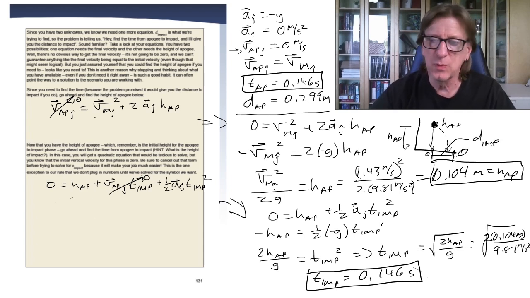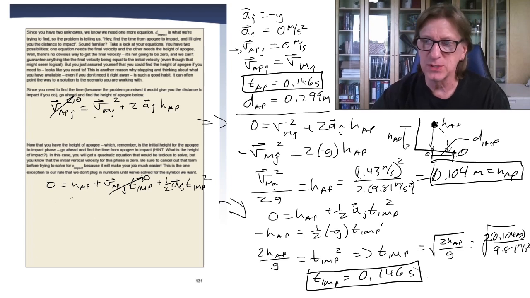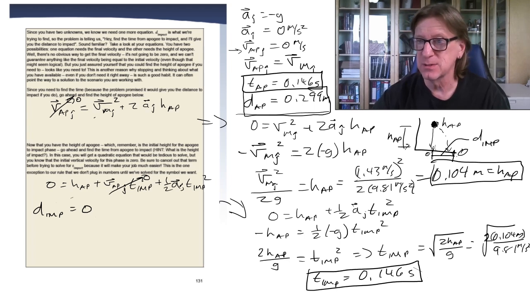And so we're going to use our distance versus time equation. So our final horizontal distance is d impact. We've decided that we're going to start counting from 0, and then we'll end up just adding it to our d apogee to add in this piece here.